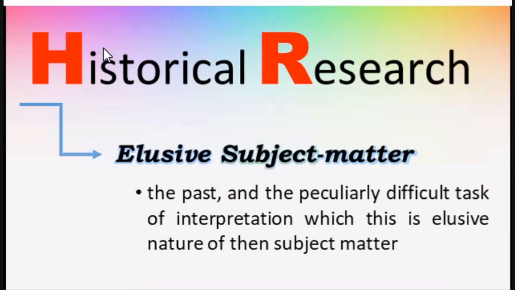And there is the peculiarly difficult task of interpreting. Not only are we taking data from the past, from 1900 when we say library science education started, we have to interpret it. How was the situation there? Who started it? And what was the scenario in 1900? That is a peculiarly difficult task. So when you combine these two, that contributes to the elusive nature of the subject matter, right?